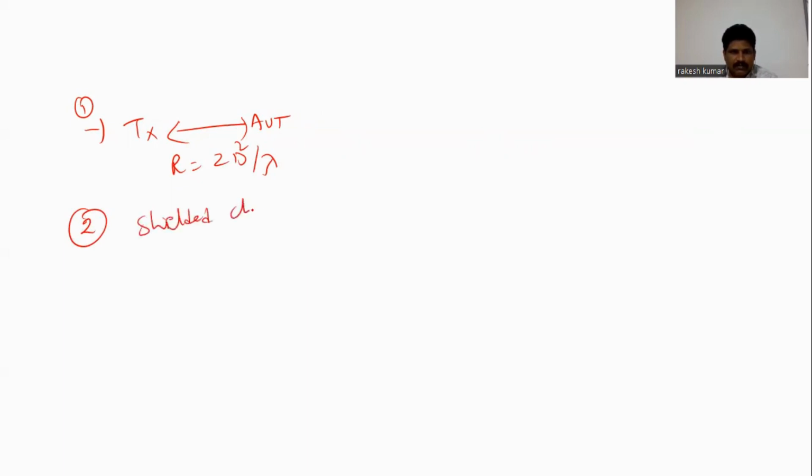So the things to remember before doing the experiment: first, the separation distance between the transmitting antenna and the antenna under test should be R equal to 2D square by lambda. Second, the entire setup should be kept in a shielded, anechoic chamber.